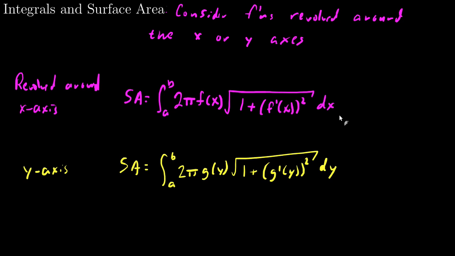So I'm going to set up the integral, but then I'll just go to the calculator to get a numerical solution. So before we do that though, let's see why we have what we have.